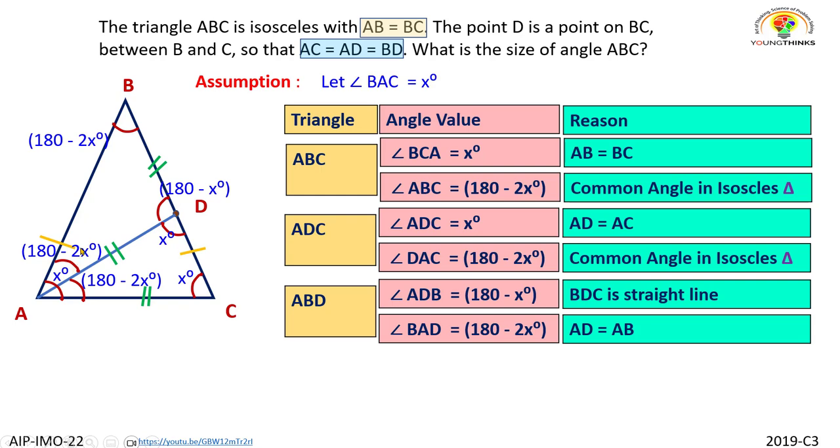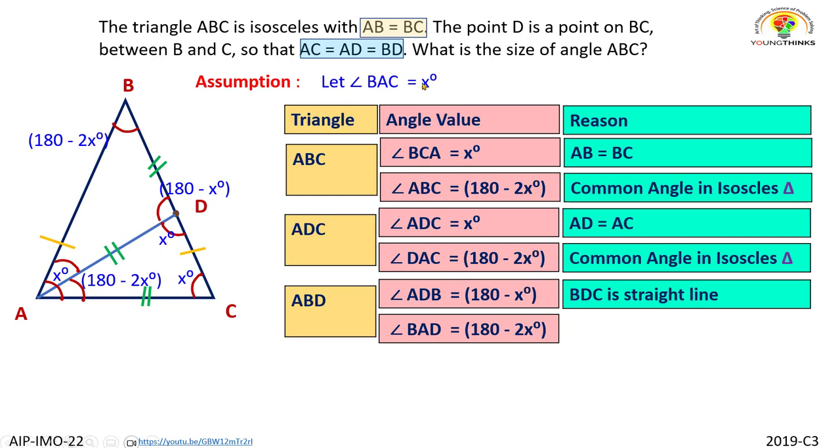Now, pulling it all together, is there any question? Do you have any doubts so far? Why is BCA x? Is that what we assumed at the start?